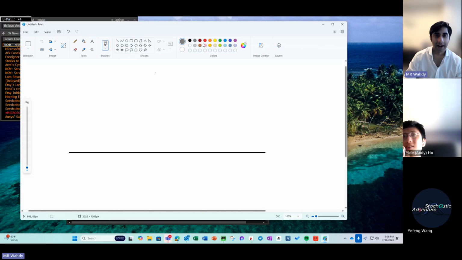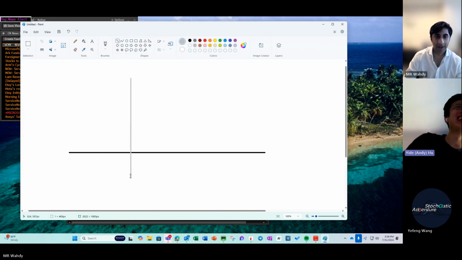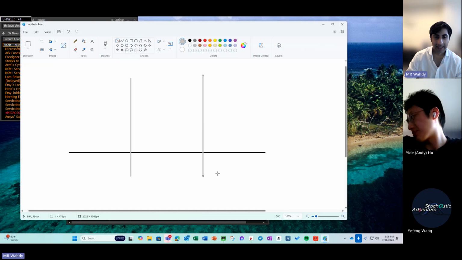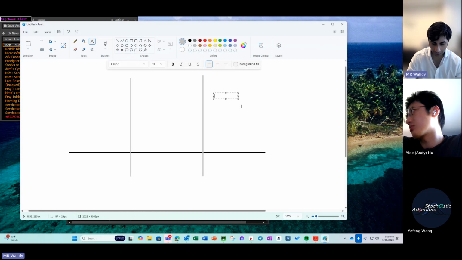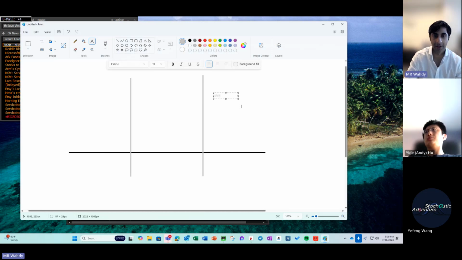Okay, so we're going to make a spread. This is like the range. We're going to say this is, if you guys can see this, 2% plus. I'm going to have to make this bigger and brighter.